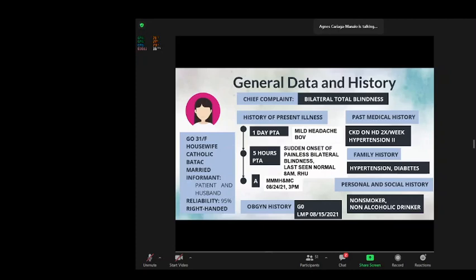In the past medical history, you mentioned that the patient is already on dialysis. Were you able to find out when was the last dialysis of the patient? I forgot to ask the last dialysis, Doc, but on admission, the following day after admission, she was again on dialysis po.